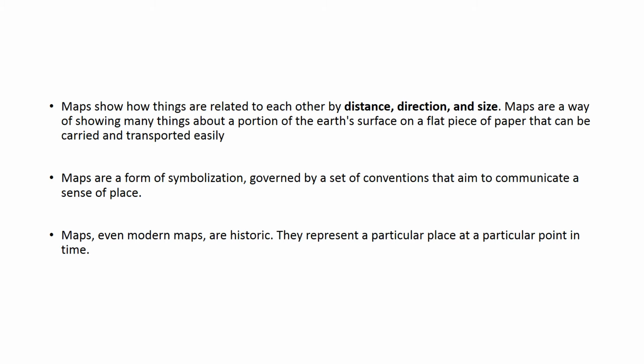So maps are a form of symbolization governed by a set of conventions that aim to communicate a sense of place. Even modern maps are very important. They represent a particular place at a particular point in time.